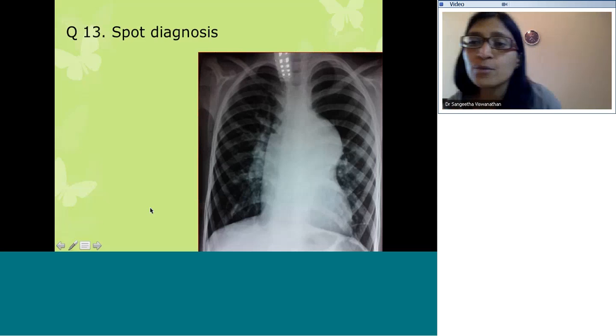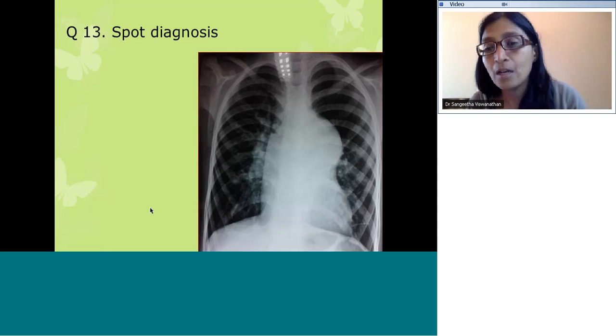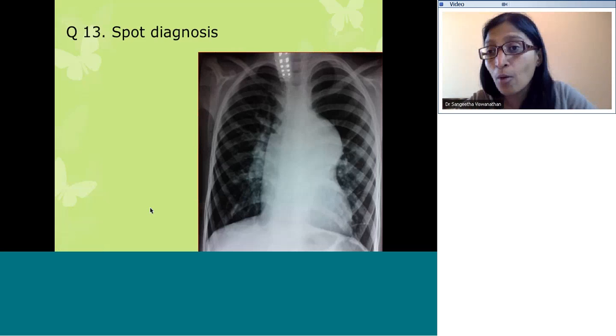So you have a patient with Eisenmenger syndrome and they come to you with sudden onset breathlessness. What are one of the most important complications that these patients can develop, and how will you rule that out? Correct. So they can develop pulmonary thrombus actually.